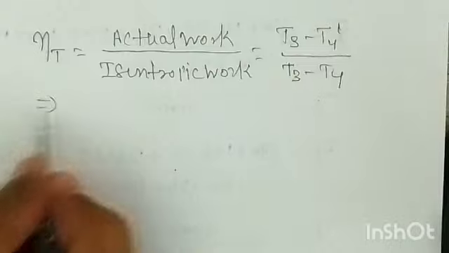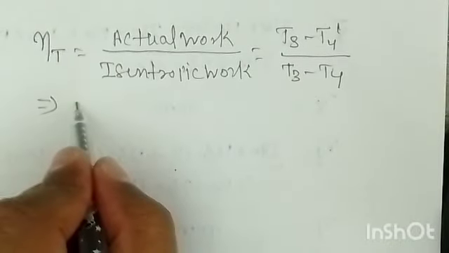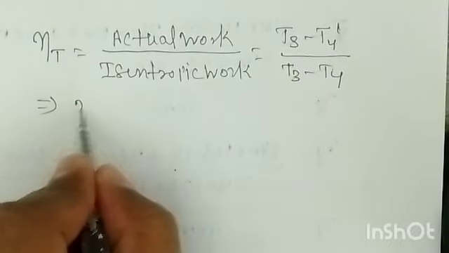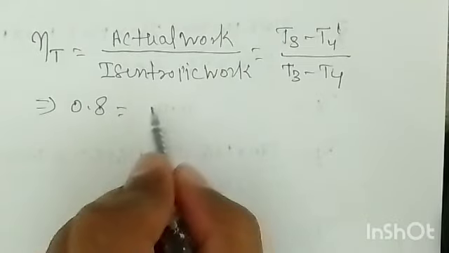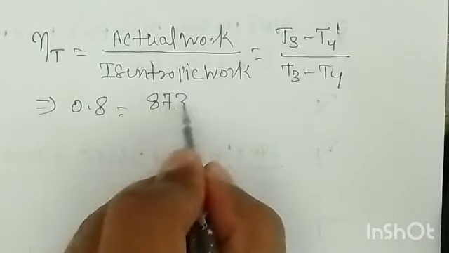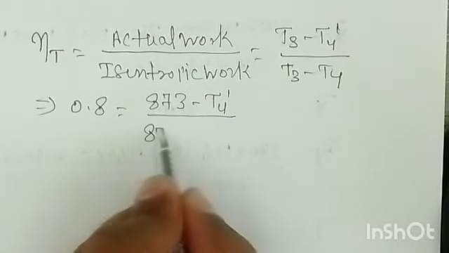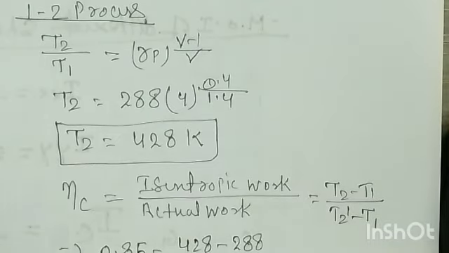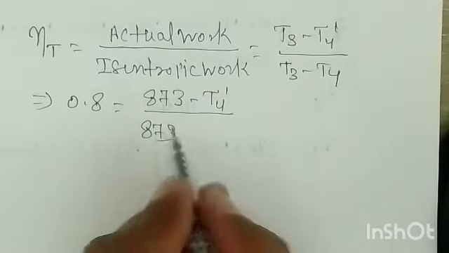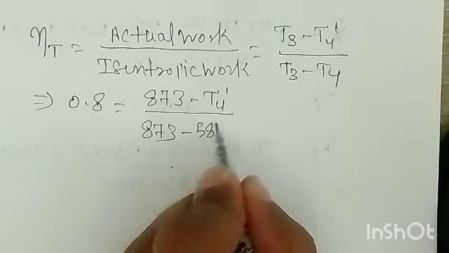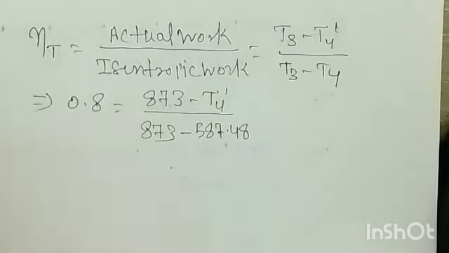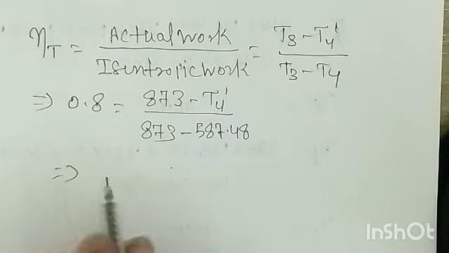The turbine efficiency is given as 80%, so 0.8 is equal to (873 minus T4 dash, which we have to calculate) by (873 minus 587.48, the T4 you calculated just now).